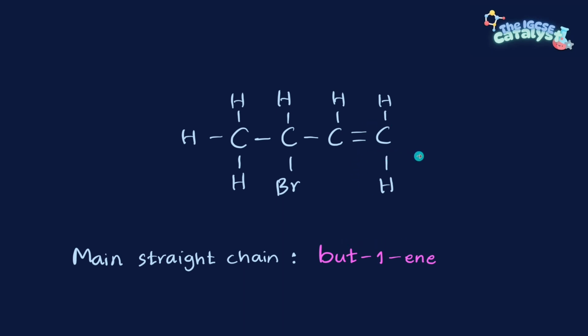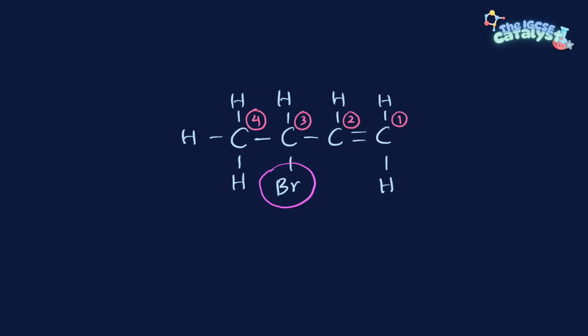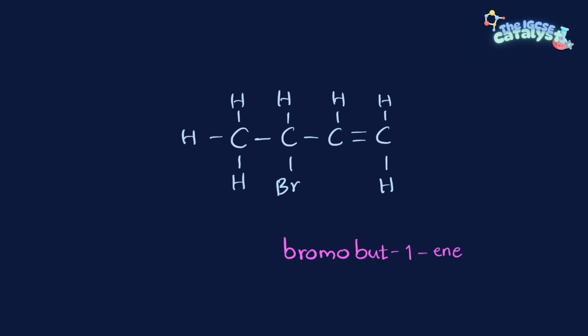Okay, so we have the name of the main straight chain, but-1-ene, since the double bond is on carbon number 1. Next, we will look for the carbon number that this bromine substituent is connected to. Since we number the chain from right to left, like this, the bromine atom is connected to carbon number 3 here. And since the substituent is a bromine atom, we will use the prefix bromo. Okay, so to put these together, we have the parent chain first, which is but-1-ene, and the next one will be the substituent name, which is the prefix bromo.